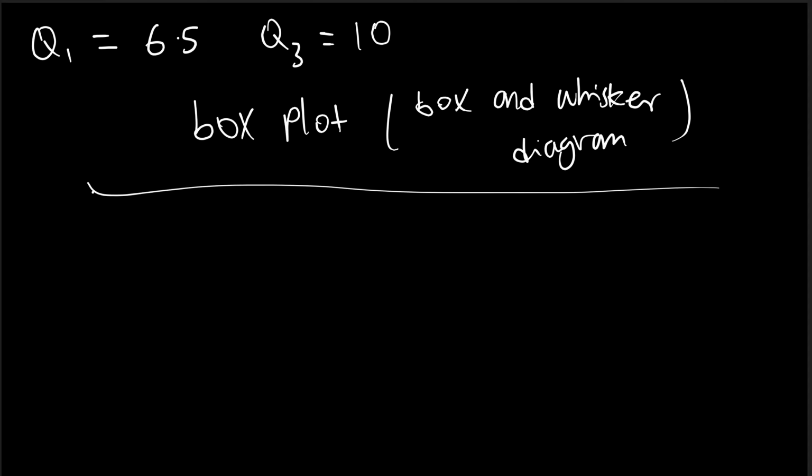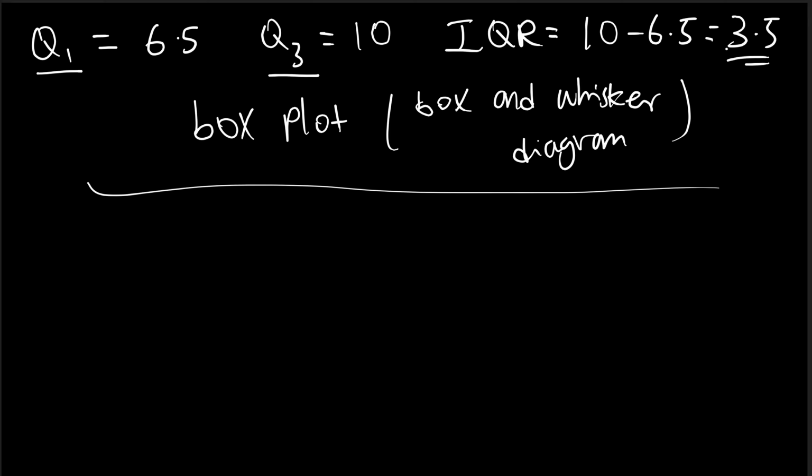Let's find the outliers, the values needed. We have the Q1 and the Q3. So we need to know the interquartile range, right? Interquartile range is Q3 minus Q1. So 10 minus 6.5, that's going to give us 3.5. What is our lower boundary going to be?